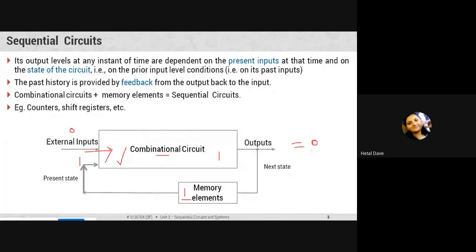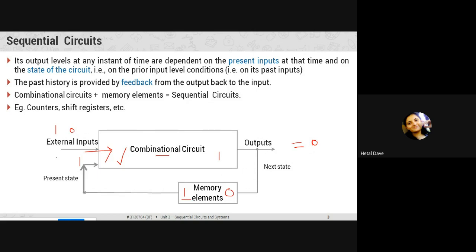Okay, now what happened? Let's say this 0 is given to the next circuit and this 0 is stored here. Please understand, 0 is stored in the memory element. The external input applied is, let's say, 1. Next case. Can anyone tell me what is the present state? 0. Understood this concept?